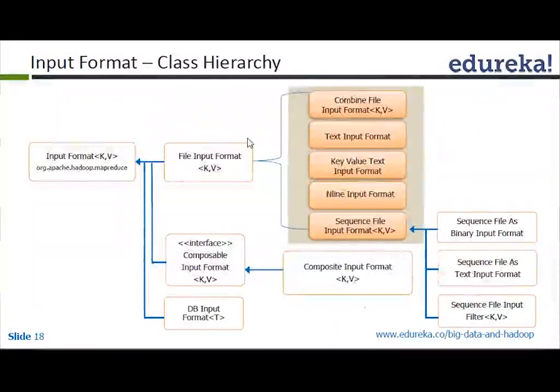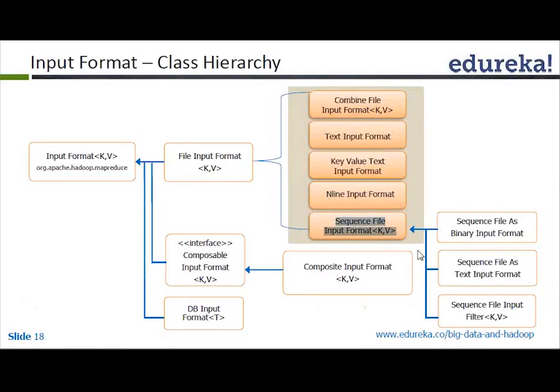Okay, let's move on. So there are various types of input formats. You will have the default, the text input format, which is based on the new line. You will have a key value input format where in the same record you will have the key and the value. If you have multiple lines, like address 1, address 2, city, state, pin code, country, you might have to use an inline input format.